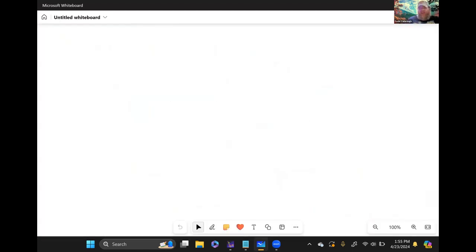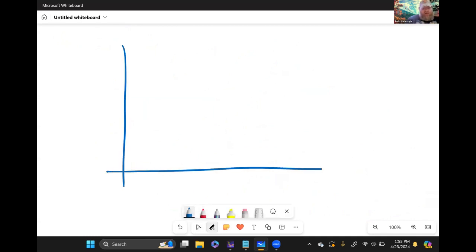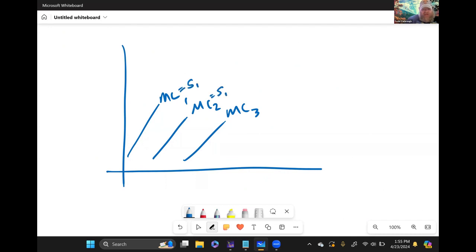Theoretically, the way that we think about this is that we have all these marginal cost curves, they look like that for firms. And again, these are just the supply curves for those firms.